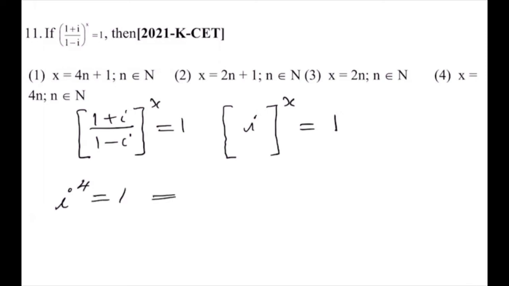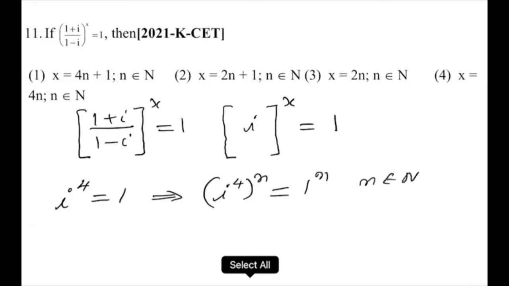Now, raising both sides to the power of any natural number n, i power 4 whole power n equal to 1 power n, where n belongs to natural numbers. So you get i power 4n equal to 1.